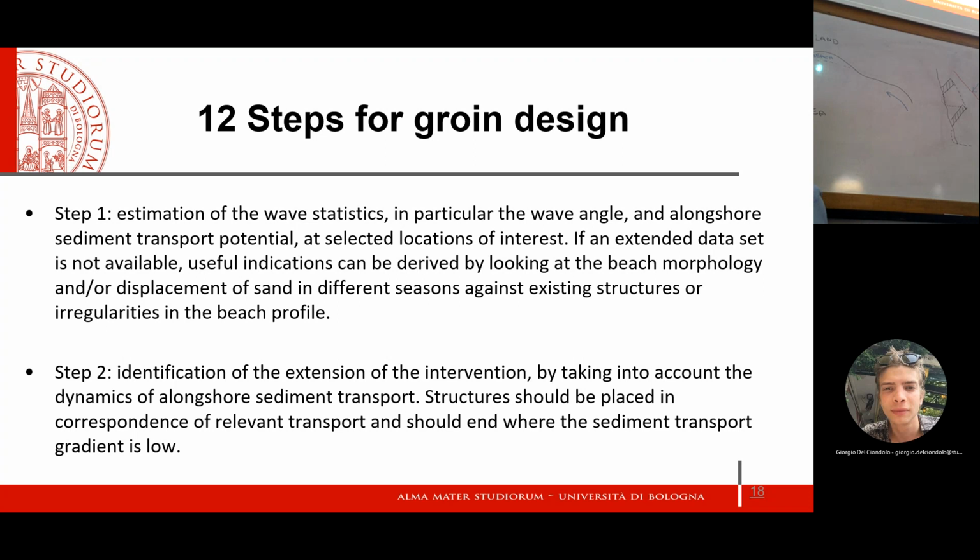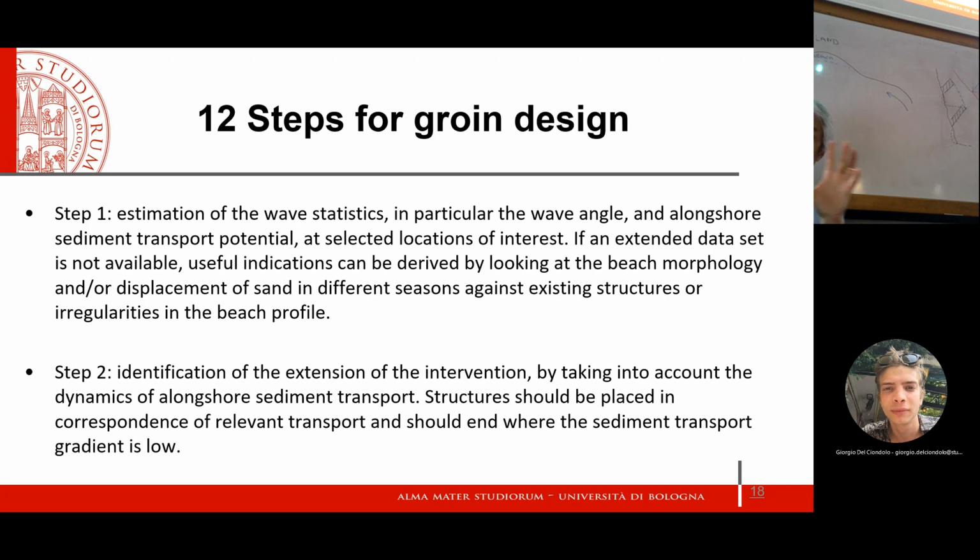These steps are summarized here in a qualitative way. So it's not a numerical discussion of the analytics of it. But I think it's interesting to go through them. They are 12 steps. So this is something that is quite extended. But as I said, I think it is interesting to discuss them one by one.